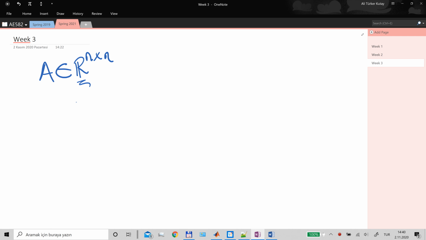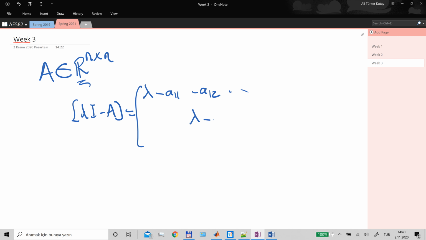So when you form the matrix lambda I minus A, this will have the following form. You will have lambda minus A1,1, minus A1,2, minus A2,2, lambda minus A n,n. And you take the determinant of that matrix.